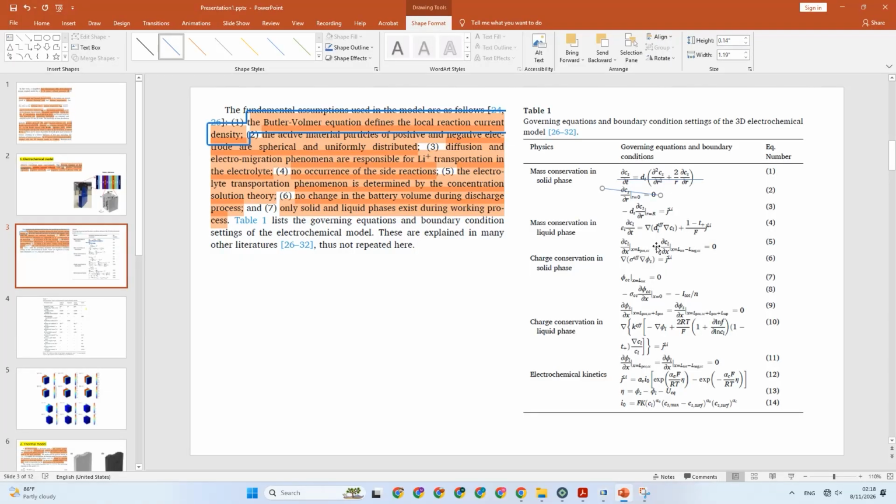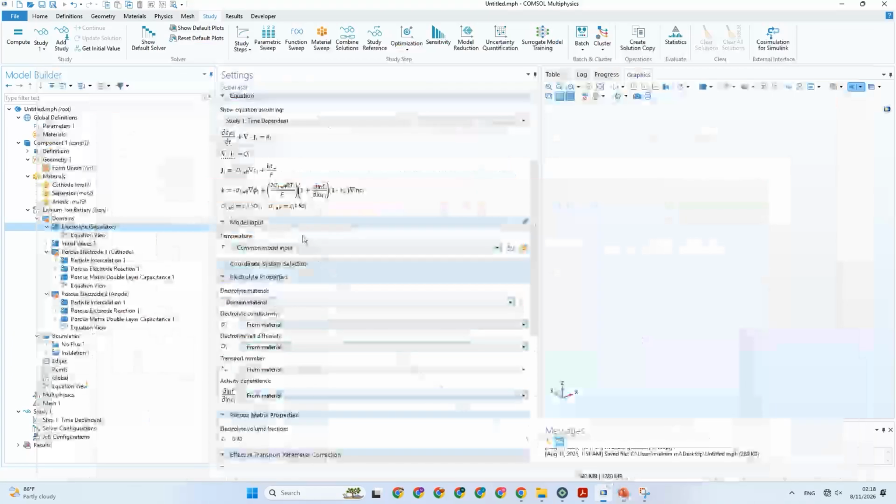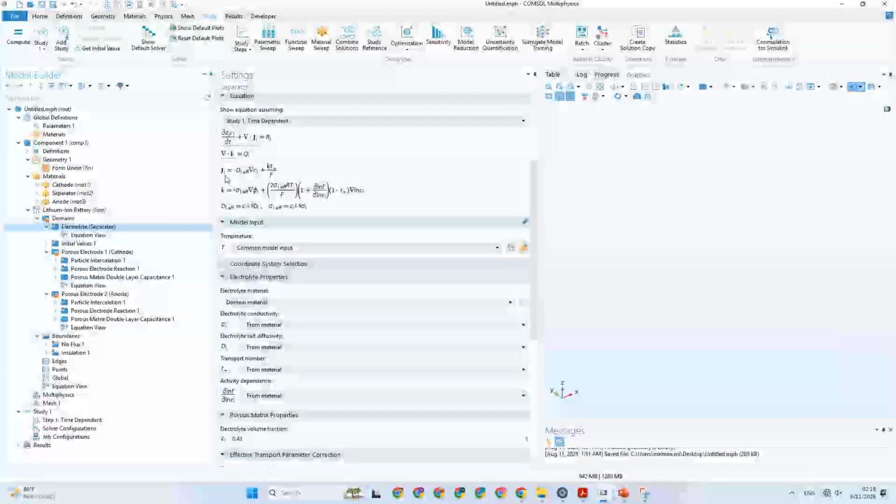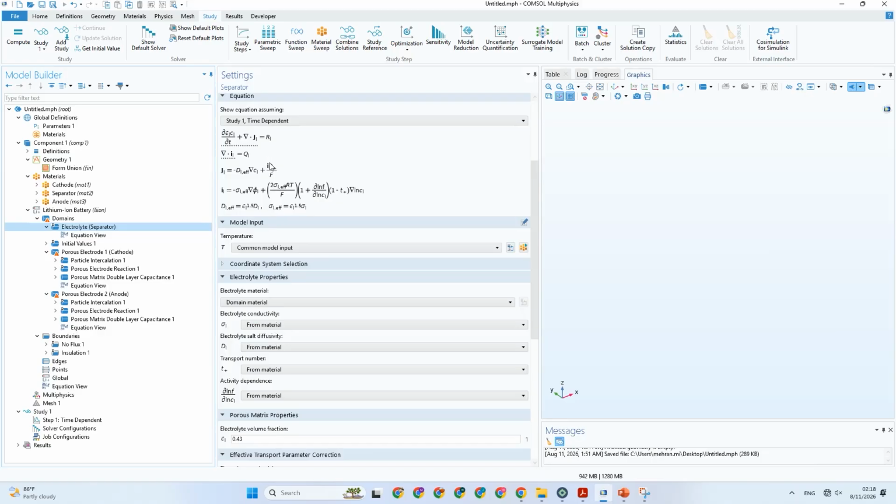Where is the F? They don't talk about F, or excuse me, we have JLI. Okay, JL, we can write it as JLI. Yes, that is divided by F, and IL is equal to this, and it is okay. I think this is okay.